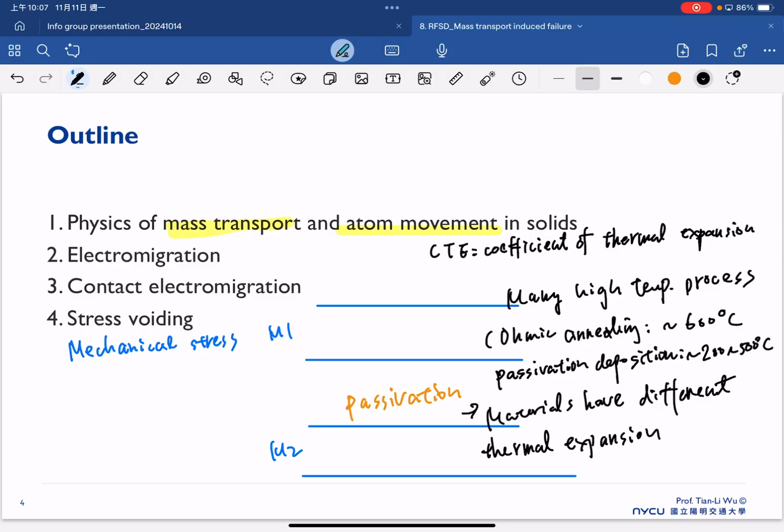So the different thermal expansion definitely in the end will cause what we call the mechanical stress. So that's also another issue in the back end of line. This mechanical stress in the end will cause the voiding in our interconnection line. In the end, that will make our interconnection line have a huge resistance.